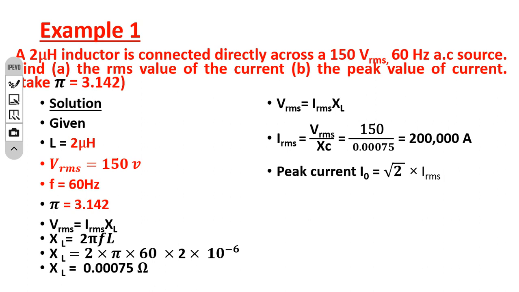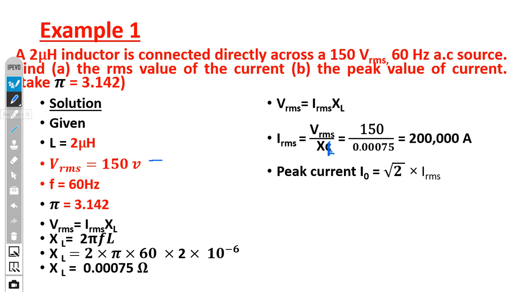Then using the value for the peak current, we make I naught the subject from equation 4. We make I naught the subject, then we'll get this. When we substitute the value for the root mean square current into this expression, look at the value for root mean square current here.